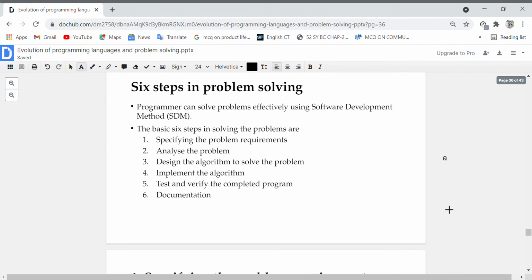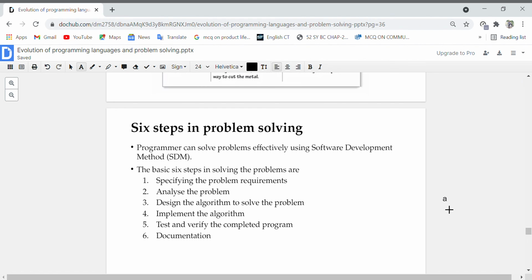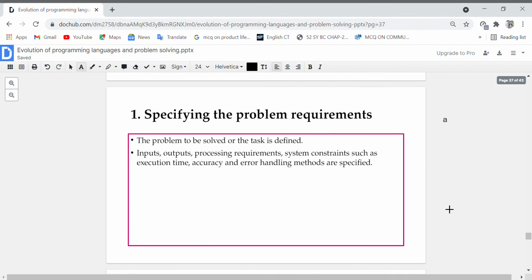Then there are 6 steps in solving a problem: specifying the problem requirements, analyzing the problem, designing the algorithm to solve the problem, implementing the algorithm, testing and verifying the computer programs, then documentation. Specifying the problem means the problem to be solved is defined: input, output, execution time, and embedded systems are specified.